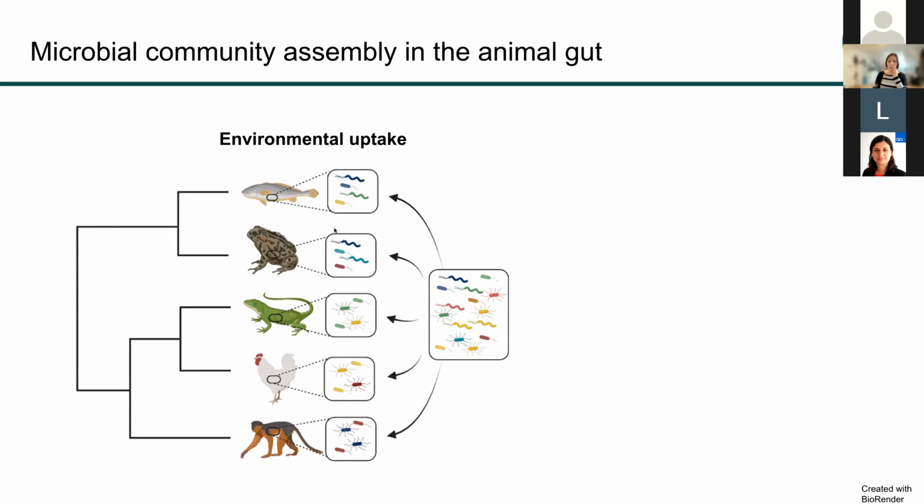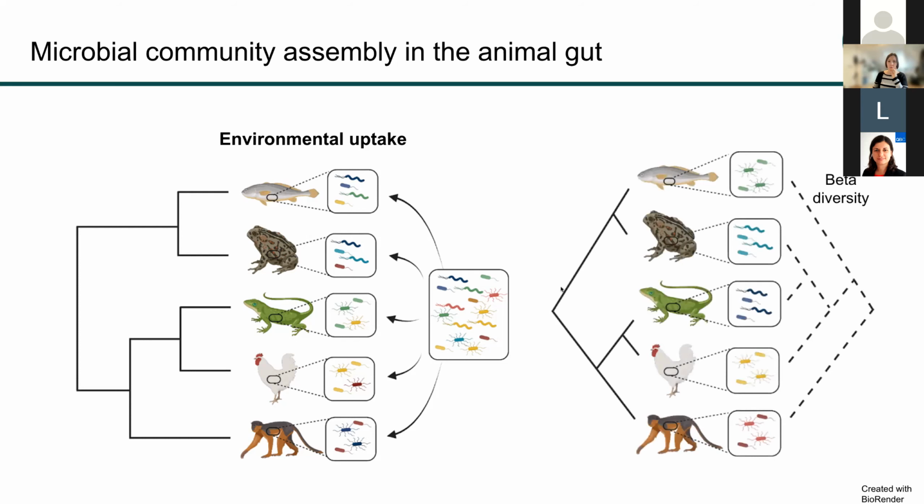And given that this is done on ecological instead of evolutionary scales, one is likely not going to see this congruence between microbial community similarity and host evolutionary similarity. So one can use these data to try and identify what are the main factors for microbial community assembly. And so that was the goal of our research here.